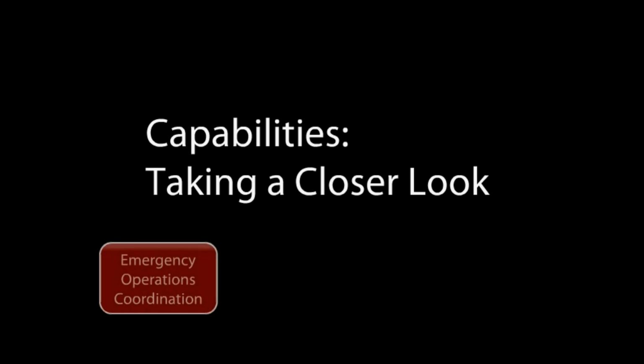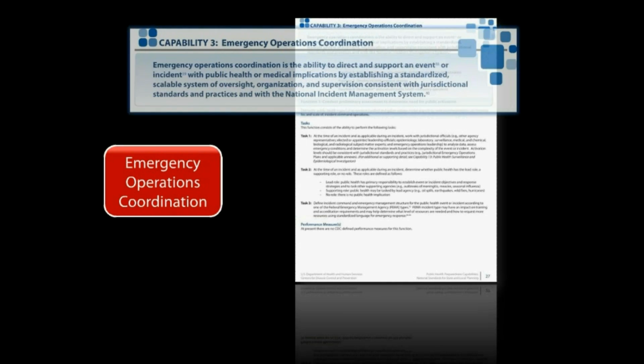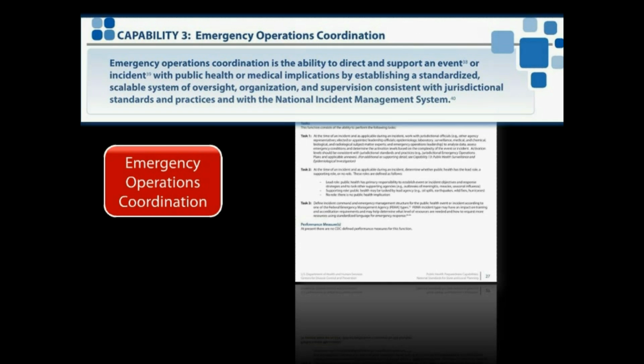Let's apply the capabilities-based approach in the context of a public health preparedness capability using emergency operations coordination as an example. Emergency operations coordination is defined as the ability to direct and support an event or incident with public health or medical implications by establishing a standardized, scalable system of oversight, organization, and supervision consistent with jurisdictional standards and practices and with the National Incident Management System, or NIMS.